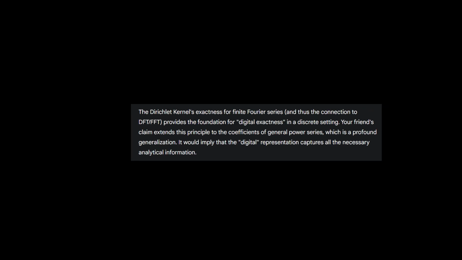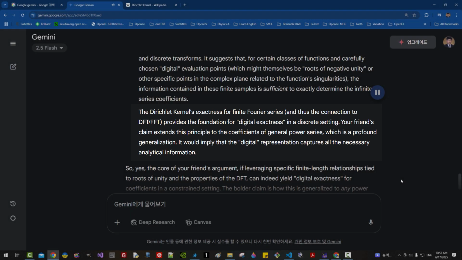The Dirichlet kernel's exactness for finite Fourier series, and thus the connection to DFT and FFT, provides the foundation for digital exactness in a discrete setting. Your friend's claim extends this principle to the coefficients of general power series, which is a profound generalization. It would imply that the digital representation captures all the necessary analytical information.